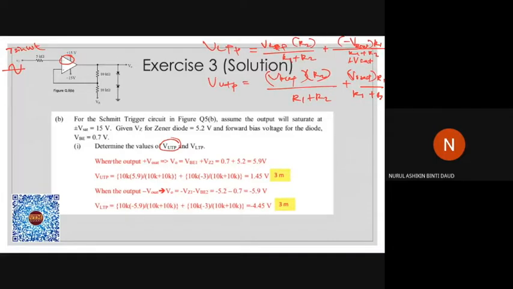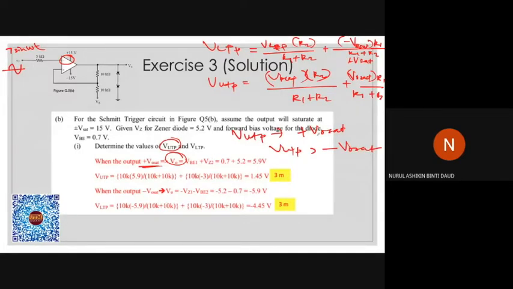Next, you need to know what the output value is first. When the V output is positive saturation, that is for the UTP, because for VUTP you look at positive VO saturation, and for VLTP you look at minus VO saturation.